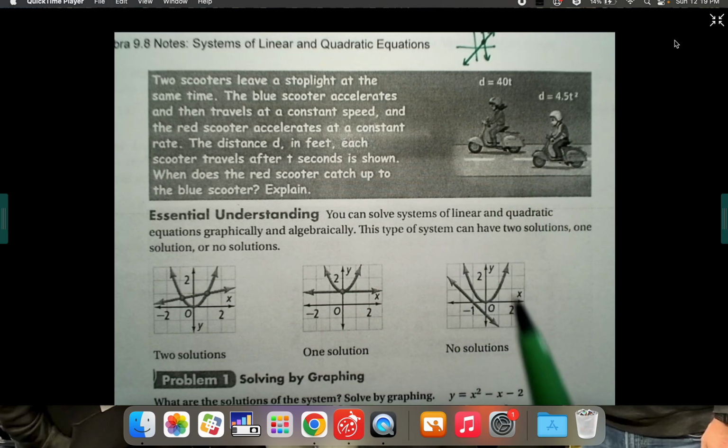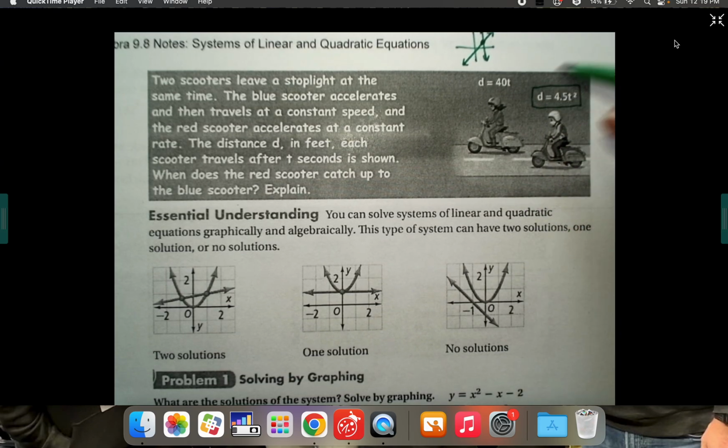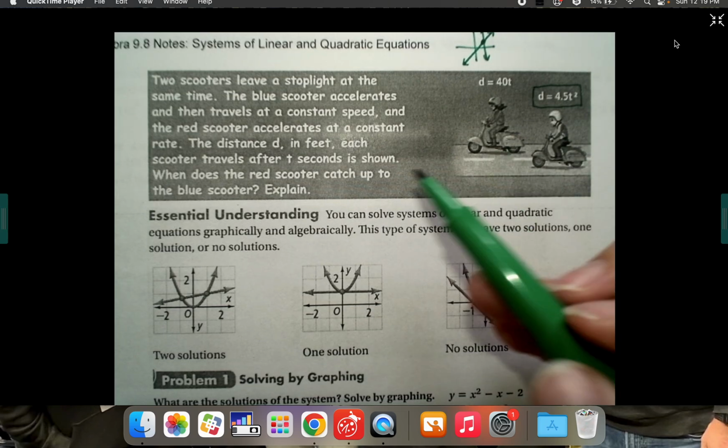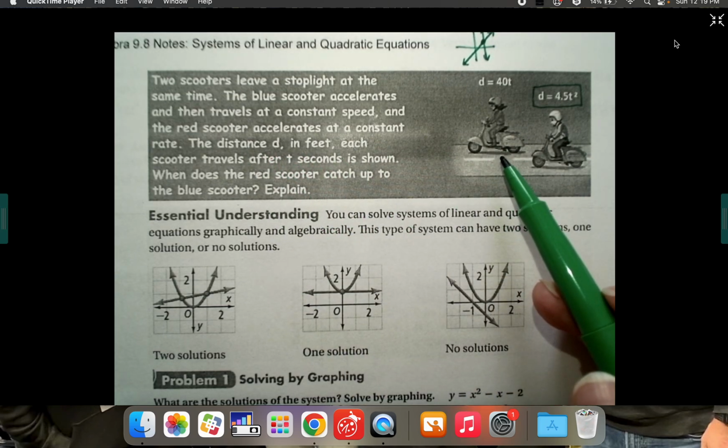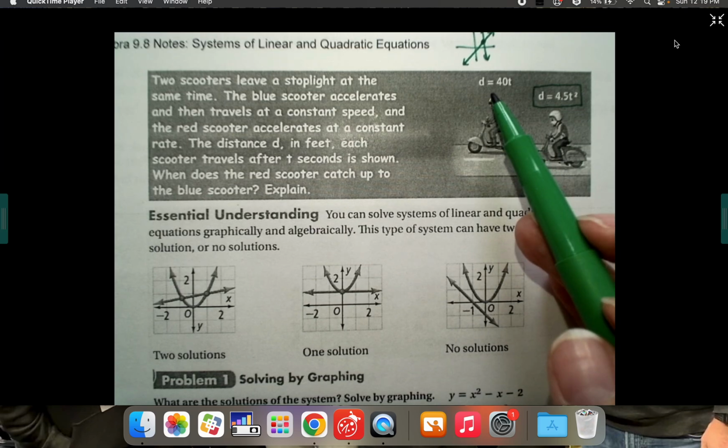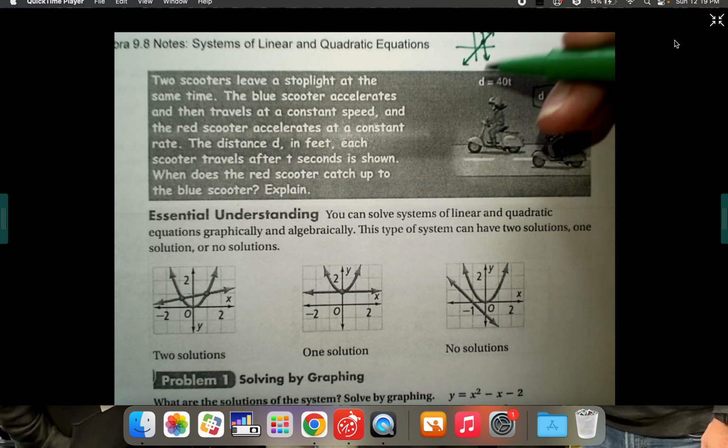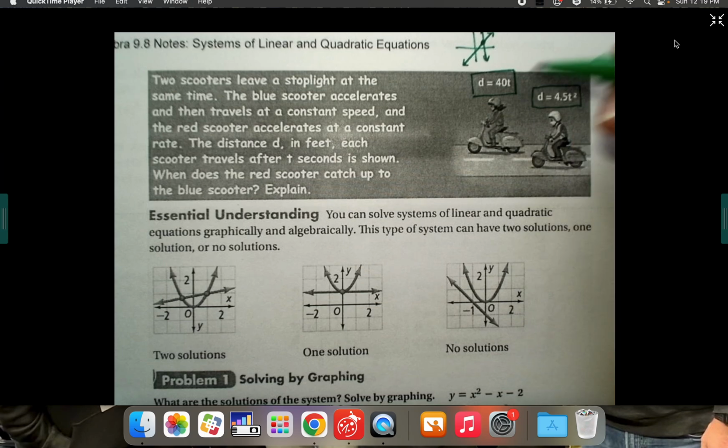So it changes speeds, which would make it a quadratic function. However, the red scooter accelerates at just a constant rate. So it takes off and continues traveling at that speed the whole time, which would make it linear.